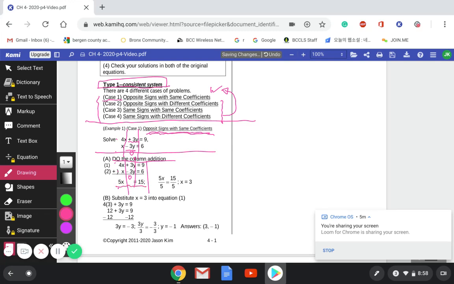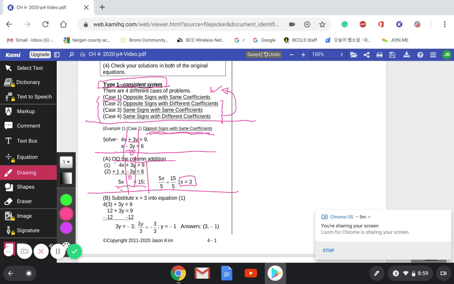Then you can solve this equation with one variable. So you divide both sides by 5 because you want to get rid of the 5 in front of x. When you divide each side by 5, x becomes 3. So that's the first step. You try to get the value of one variable by getting rid of the variable which has the same coefficient with a different sign.